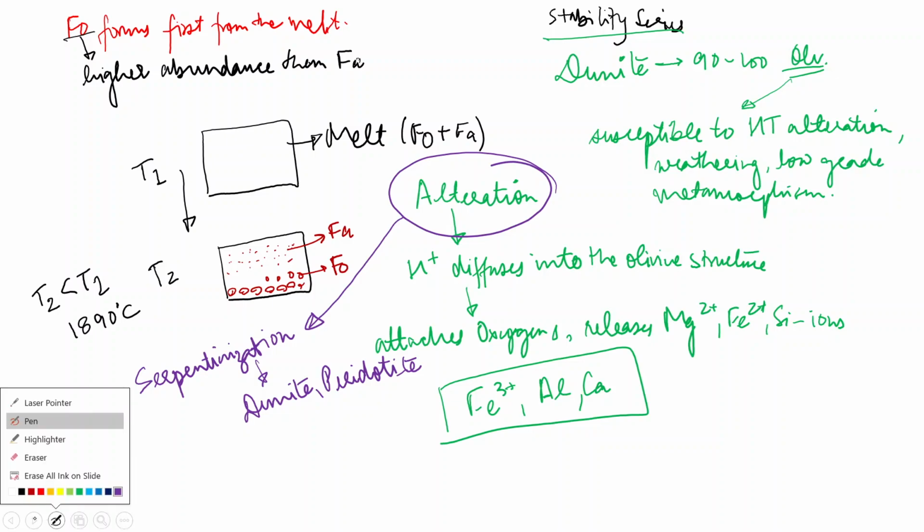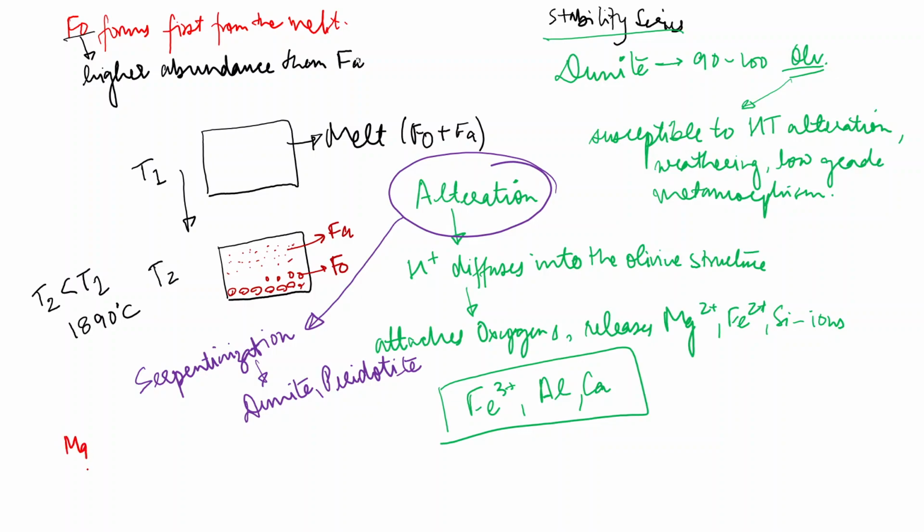So what is the process or the reaction that happens here? Say we have forsterite, Mg2SiO4, and then the water comes in. Let me balance it as well.